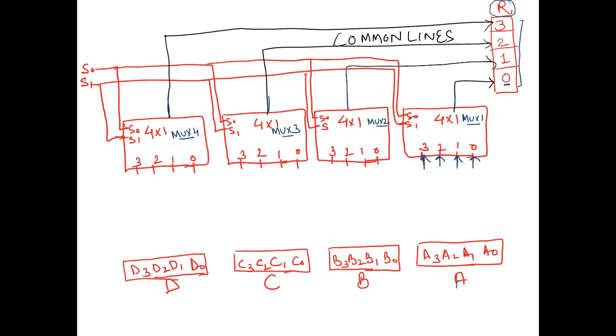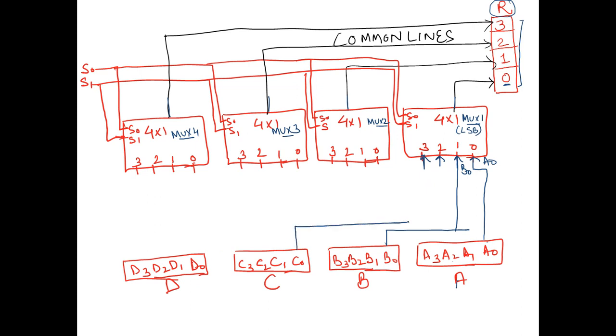For transferring the least significant bit, at the 0th position, in this multiplexer I will only have the least significant bits of the registers which are available. So let's provide that. This A0 will go here. Similarly, this B0 will be attached here.